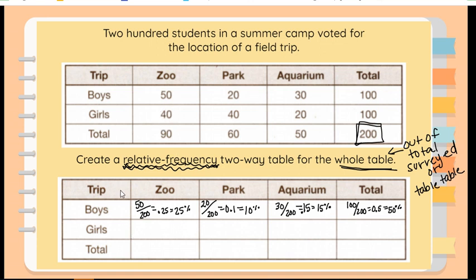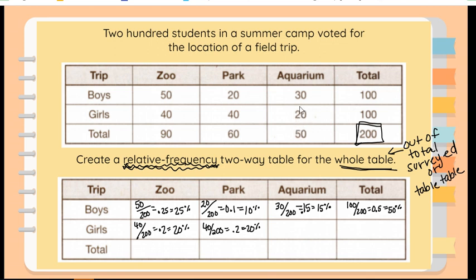How many girls voted for zoo? 40. So 40 out of 200. 40 divided by 200 in your calculator is 0.2. So that's 20%. Then girls that voted for park would be 40 out of 200 surveyed. 40 out of 200 is again going to be 0.2, which is 20%.